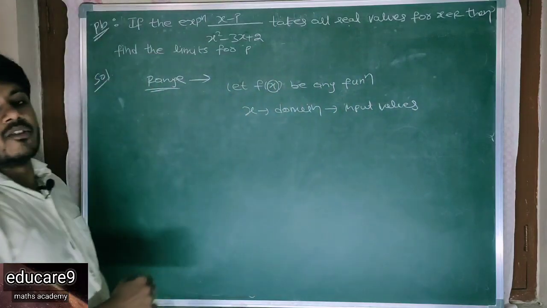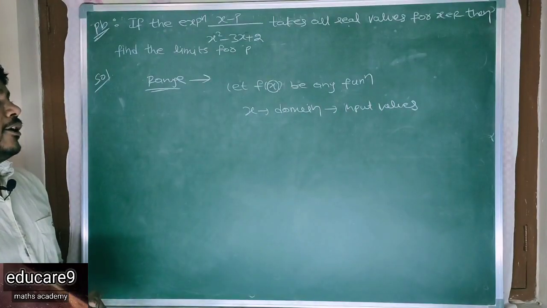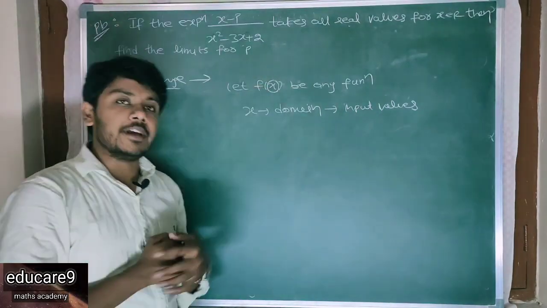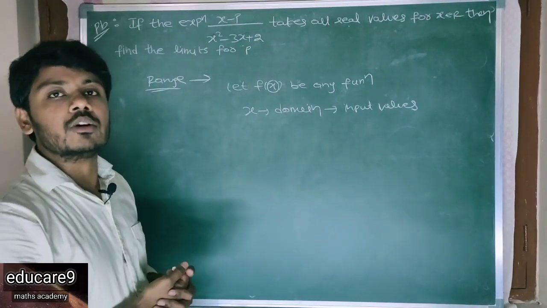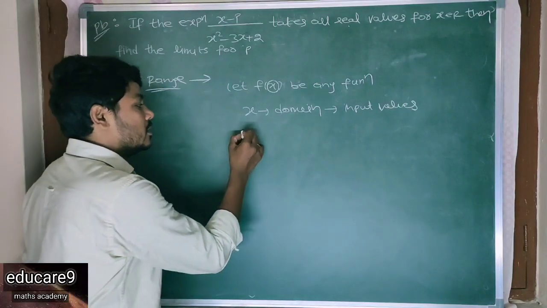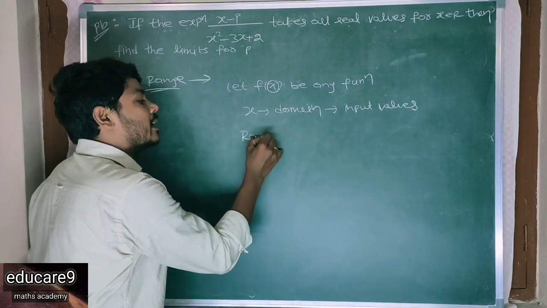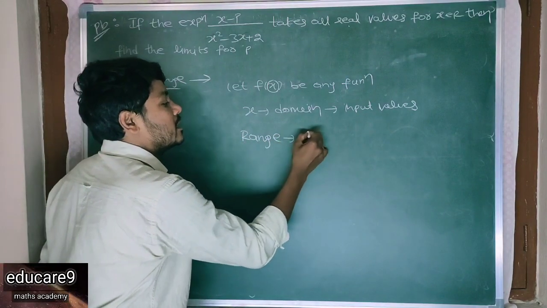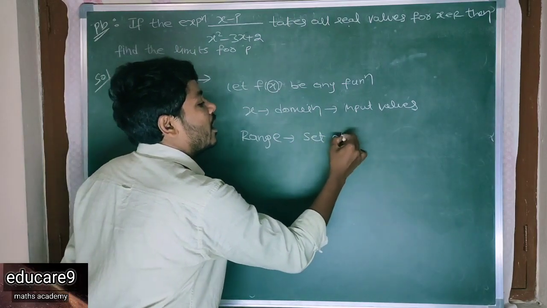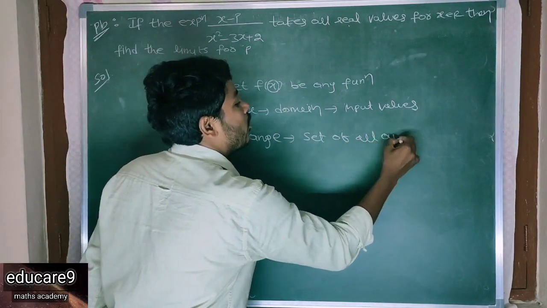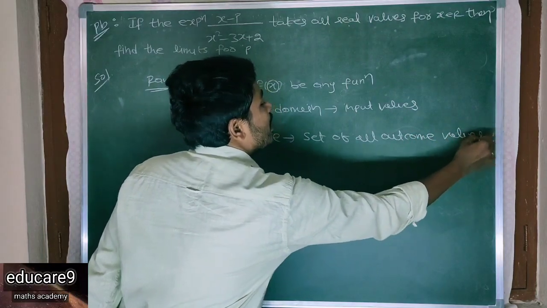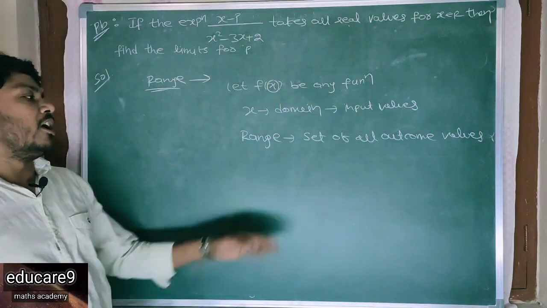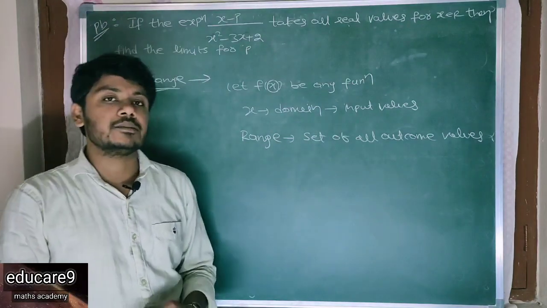Input values are always the domain. If you put any value of x, then you get f of x values. Those are the outcome values, and that is the range. So range is the set of all outcome values, or simply the set of all images is called the range.